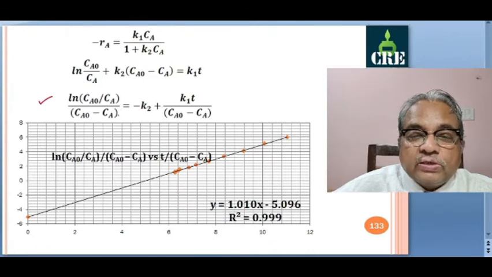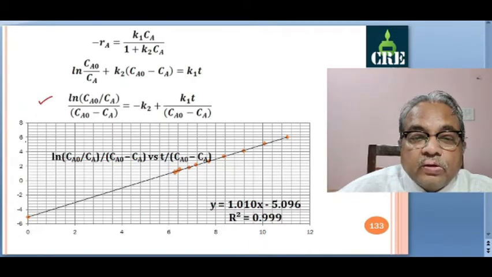So it is y is equal to mx plus c form. So we will plot this term on the y axis and t by (Ca0 minus Ca) on the x axis.